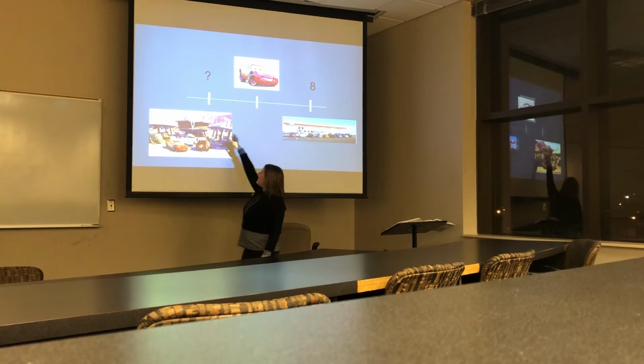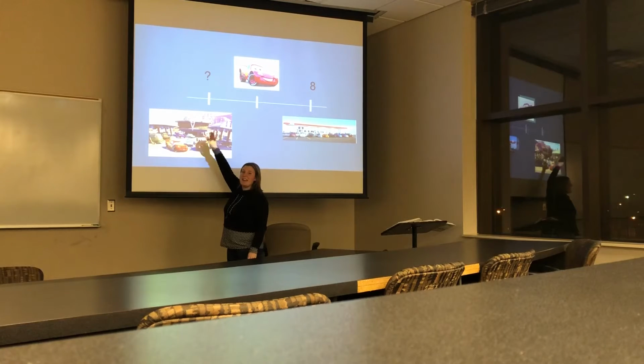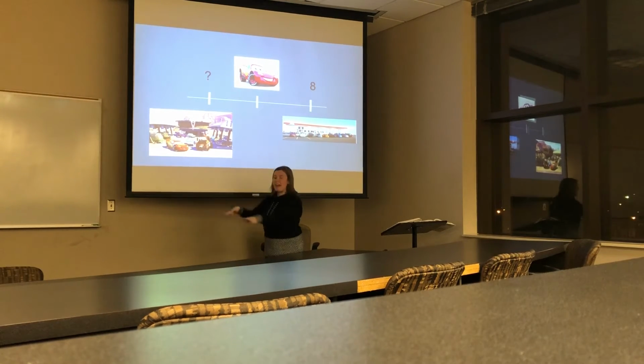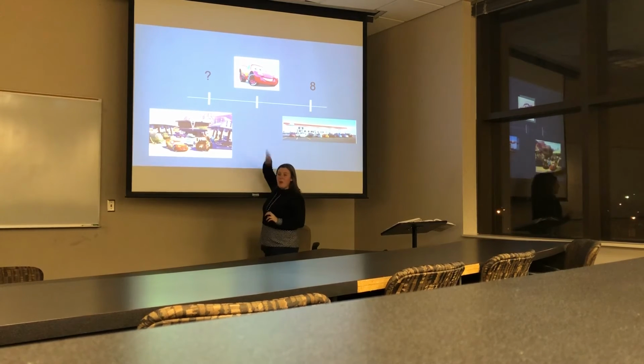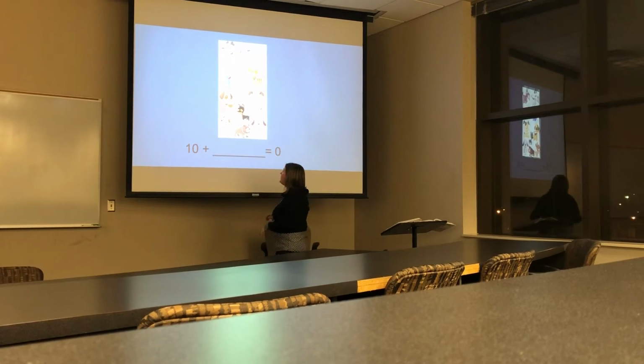So our additive inverse here is -8 because he has to go backwards 8 blocks to get to his friend Mater and go past where he got his tires cleaned.